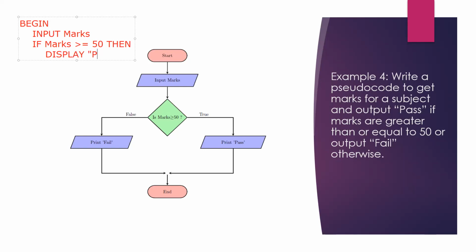It's a message, so I will put pass. Else, I'm going to say fail. At the end, we will say end if, and we'll finish with end. So this is how, given a selection, we convert it into pseudocode.